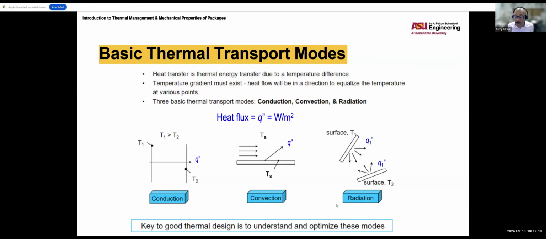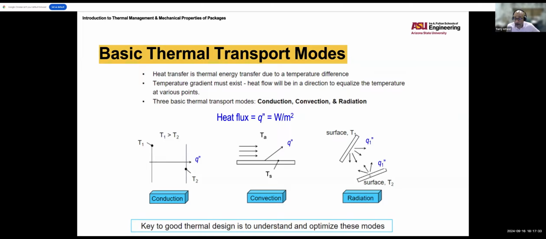Now, radiative, typically we have to be in somewhat of a vacuum, such that the quantum particle responsible for the heat removal is photons.